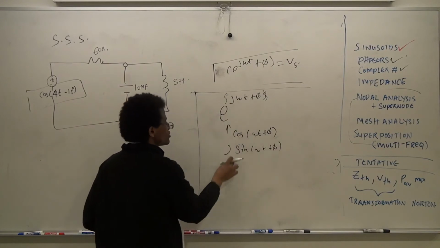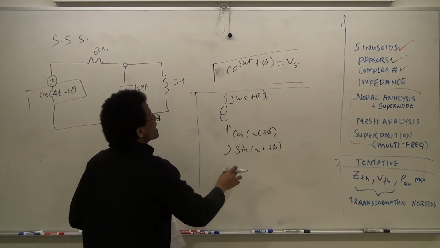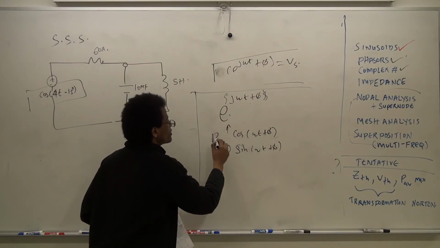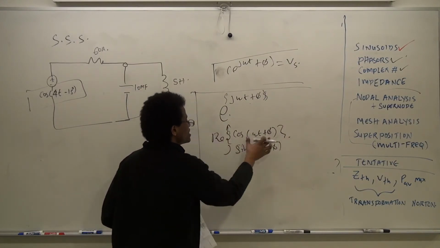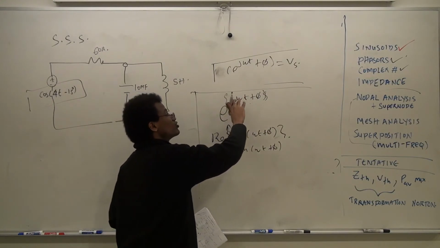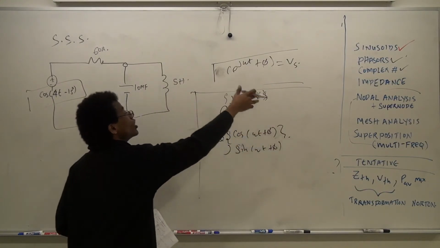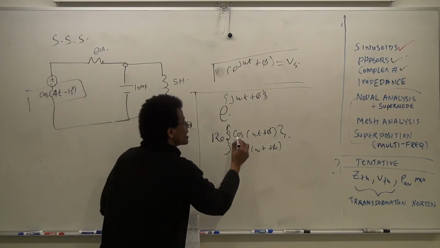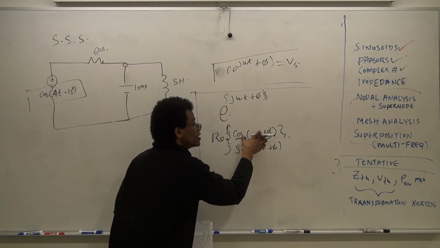This guy is equal to the cosine plus j times the sine. That is why, when we assume this is a solution, we take the real part. Remember in phasors, we have to take the real part. That's what we're doing, really. We're assuming a general solution of this form, doing what we need to do, and then when we come back from the phasor domain, we get this response under the real part.